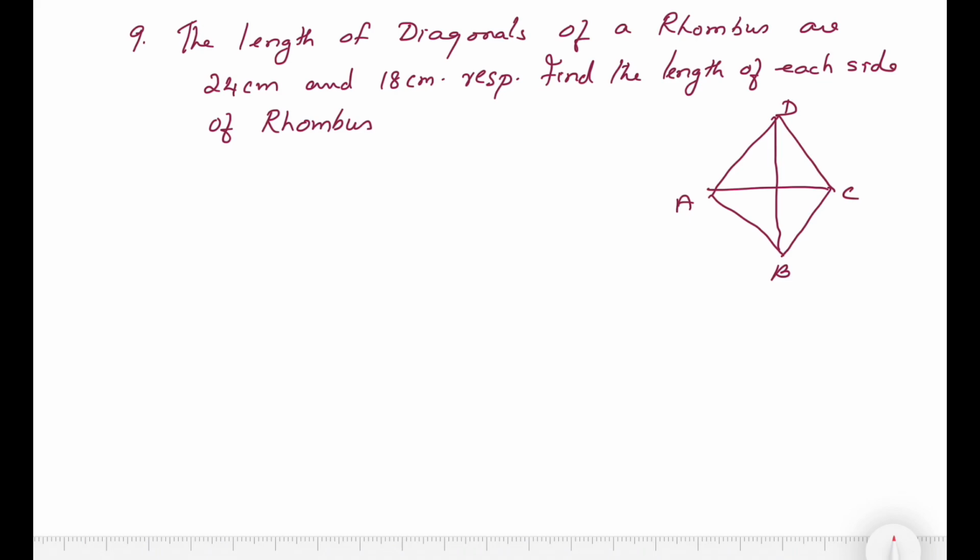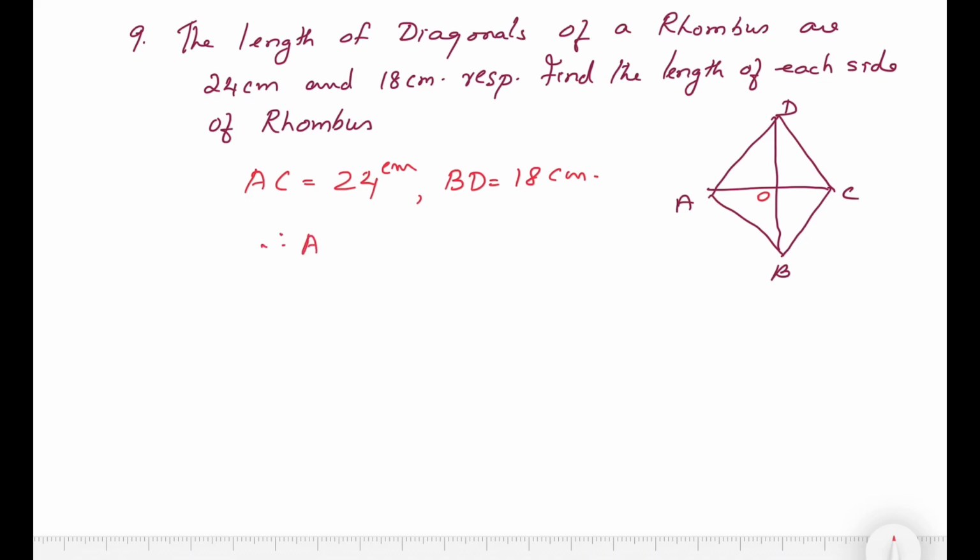Now the next question is, the lengths of the diagonals of a rhombus are 24 centimeters and 18 centimeters. Find the length of each side of the rhombus. Now the diagonals of a parallelogram bisect each other, so in a rhombus also they bisect each other. So AC is equal to 24 and BD is equal to 18.